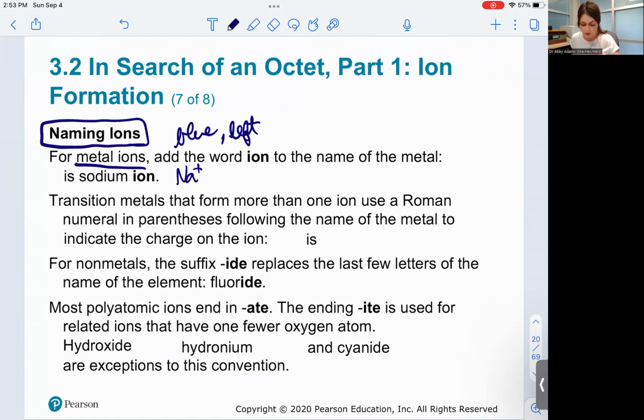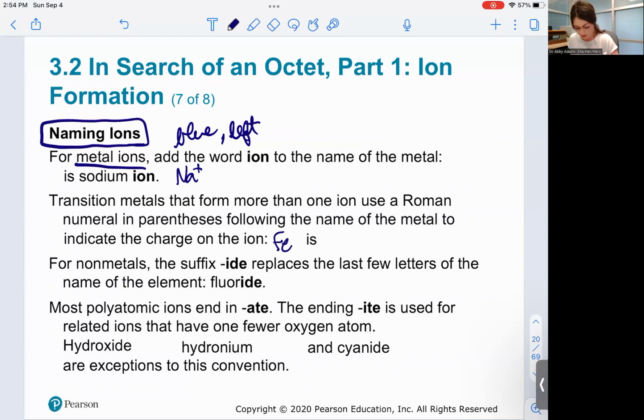The transition metals are going to form more than one ion. They're going to rearrange in different ways, and so you're going to have to be specific about that. So you have to use a Roman numeral in parentheses, and that's going to indicate the charge on the ion, just a note.